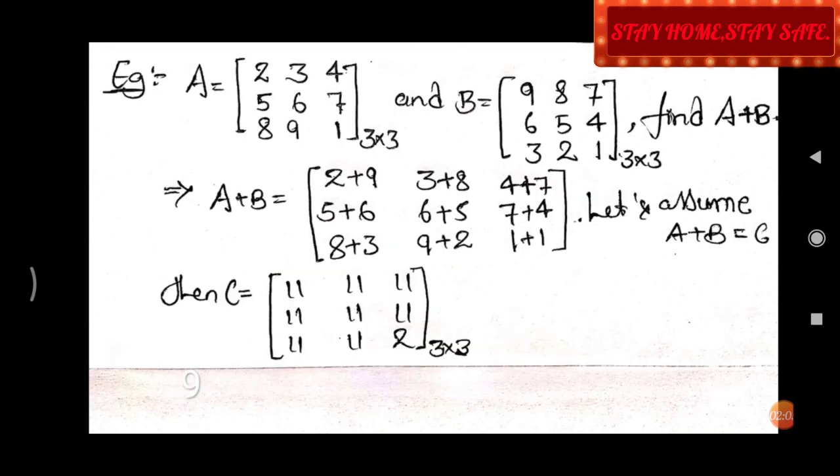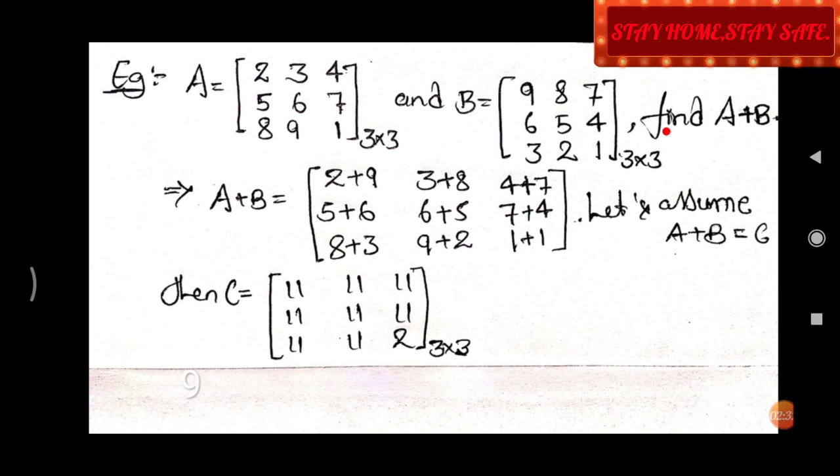Corresponding elements means elements at the same positions in both matrices. We have 2 at the place of A11 and 9 at the place of B11, so the corresponding elements are 2 and 9. Similarly 3 and 8 are corresponding elements, 4 and 7 are corresponding elements, and similarly it applies to 5, 6, 7, 8, 9, 1 and 6, 5, 4, 3, 2, 1. They correspond by their positions in the matrix.